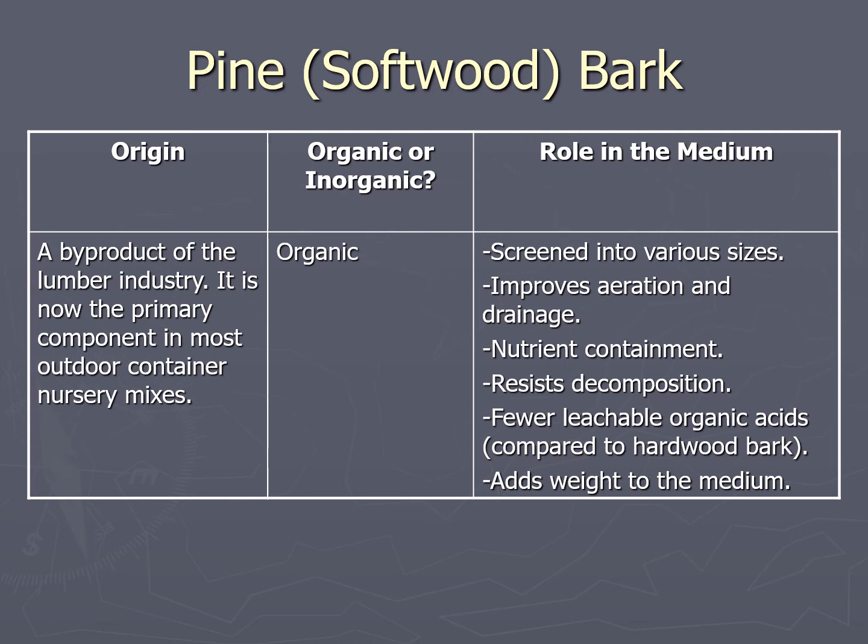It does hold some nutrients. It does resist decomposition, so we're talking about the pine bark nuggets themselves do resist decomposition. It has fewer leachable organic acids compared to hardwood bark, and it adds a certain amount of weight to the growing medium, which can help support the plants.